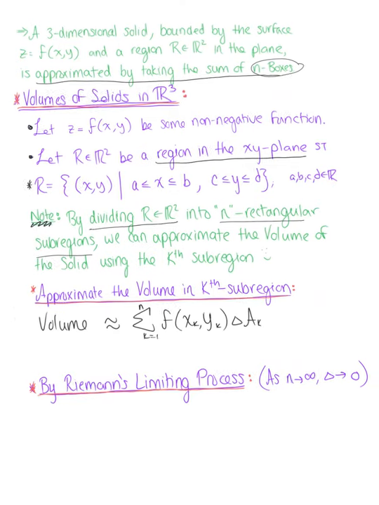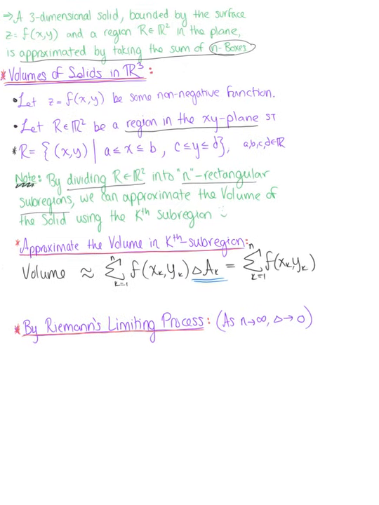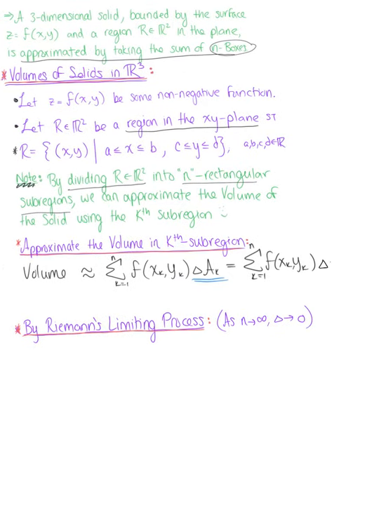We can further expand this and rewrite it as the sum from k equals 1 to n of f of x sub k, y sub k, and this delta A sub k here is the area of that rectangular region. So we can rewrite this as delta x sub k times delta y sub k, the area of that rectangle.